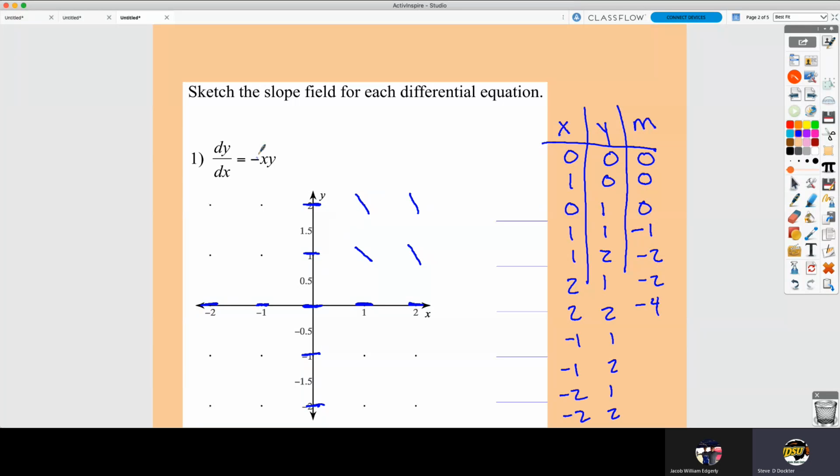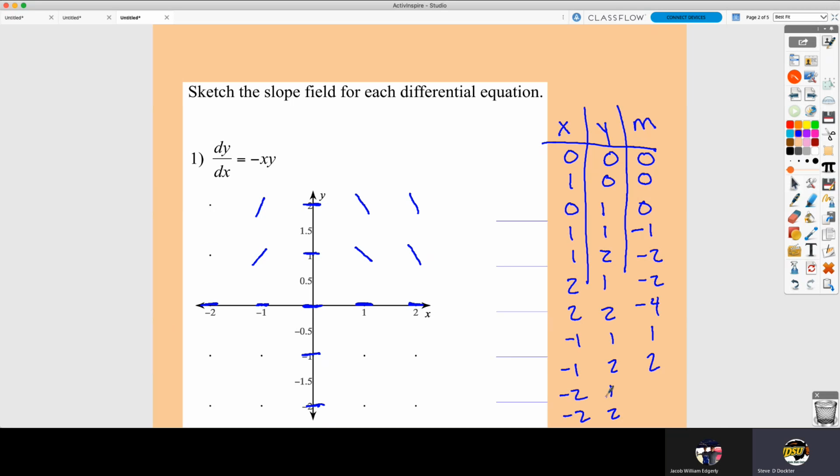Negative times a -1 would be a +1 times 1 would be a +1 here. So this flips into a +1 slope there. We go to the next one, -1, 2. -1 would be a +1 times 2 would be a +2. So up here, we just make it a more steep slope.